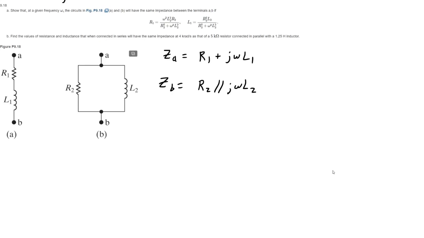which is going to translate. This is one time when I'm dealing with impedances, I like to use the other formula for parallel resistance, because it makes it a little bit easier to work with complex numbers, in my opinion. But either way will work. So R2 times j omega L2 over R2 plus j omega L2.